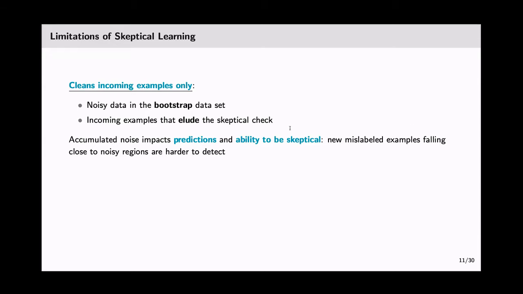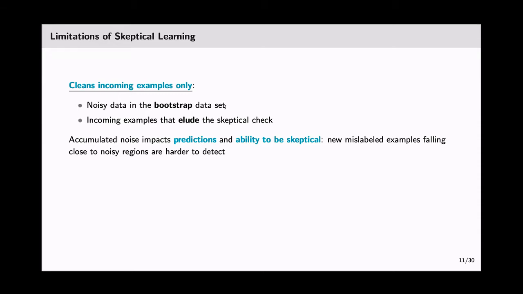This also has an impact on the future ability to spot suspicious examples, because a new example that falls near a region where you have noisy examples will appear good to the machine.